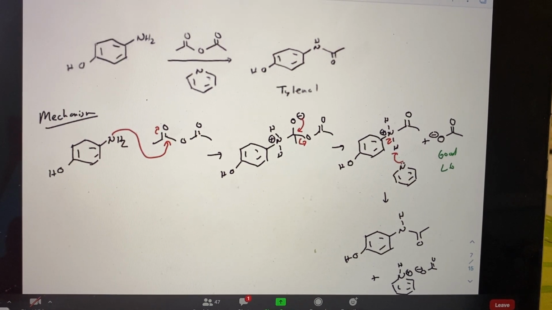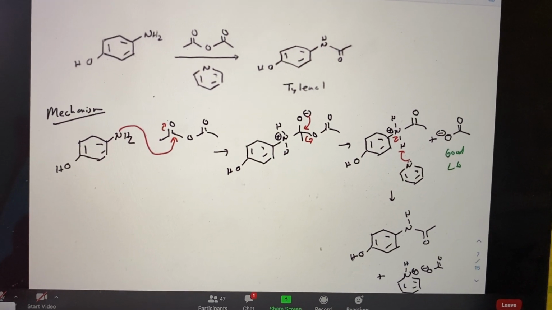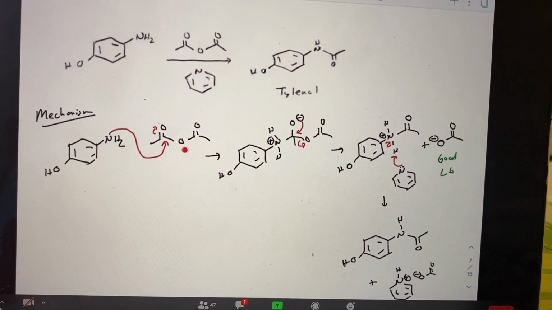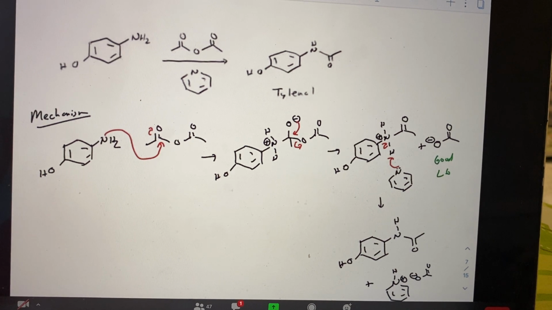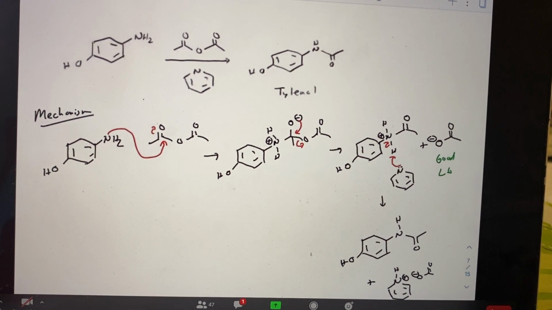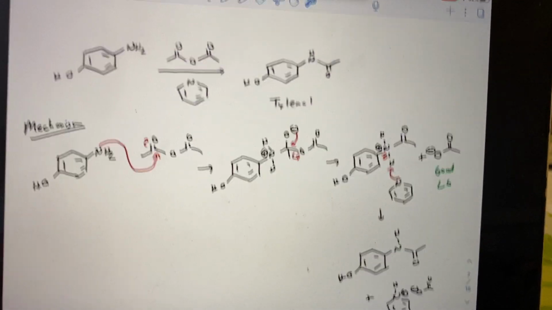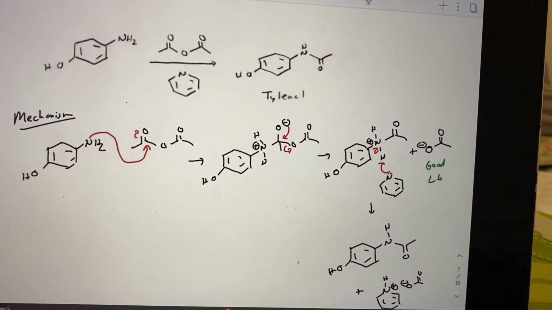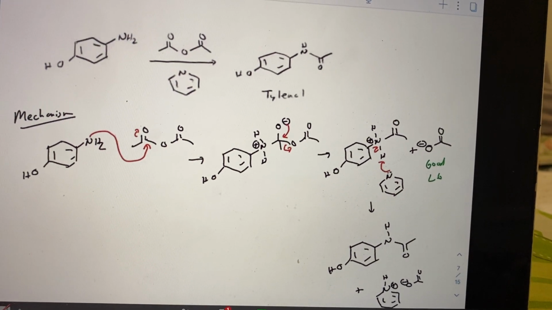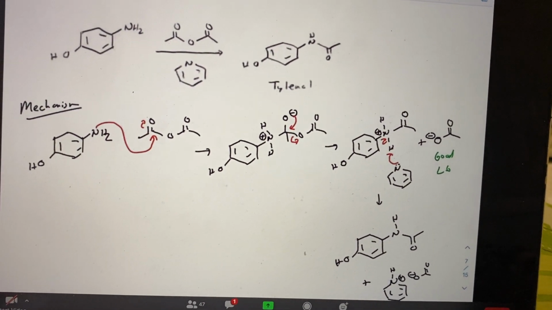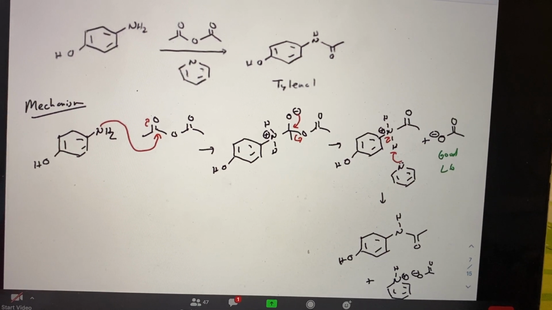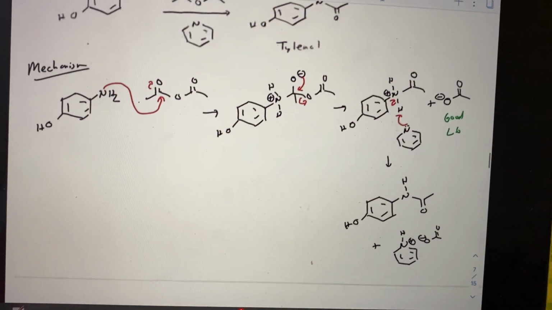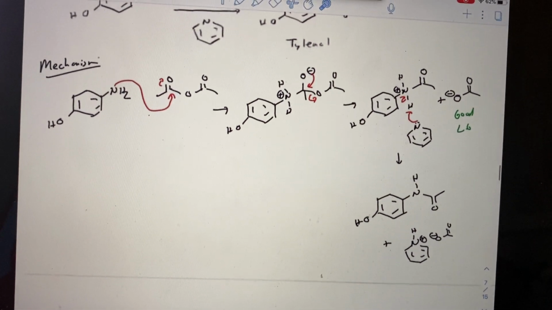So very similar to what we saw with the acyl chlorides, now our leaving group for the anhydride on the left side of the mechanism is this whole species here, which is going to leave as acetate. And that's what's shown here on the right. So a good leaving group. All right, hopefully that's good. I will slowly scroll up here.